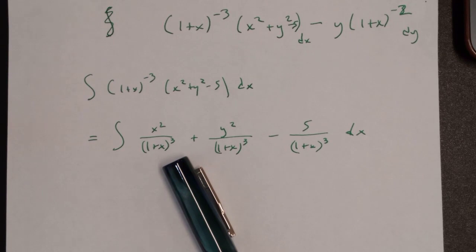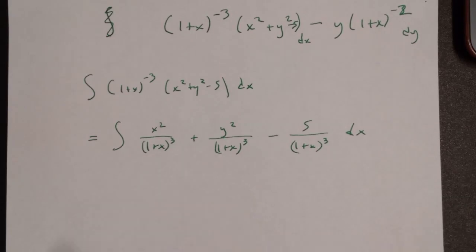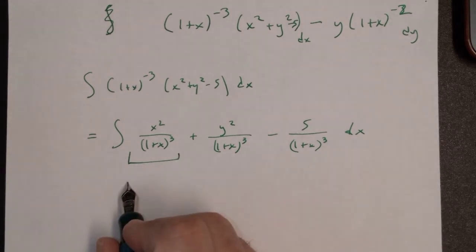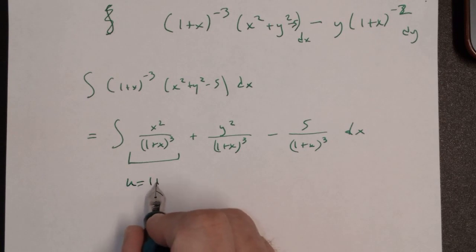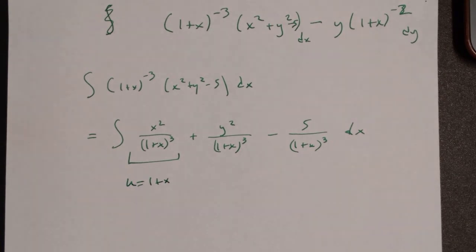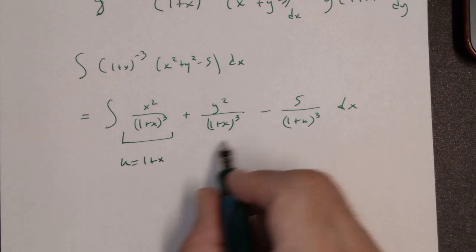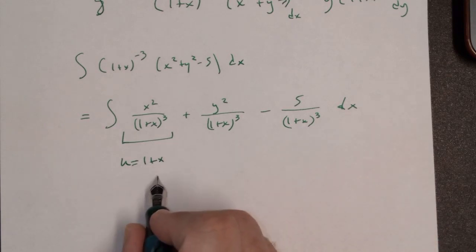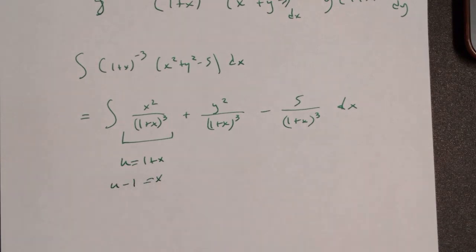I have an idea for this one. I'm going to do a weird substitution. I know that's always quite questionable. For this one alone, I'm going to let u equal 1 plus x. But then, well, which is the same thing I did over here, right? But then to do this one, I'm going to rewrite this as x is u minus 1.